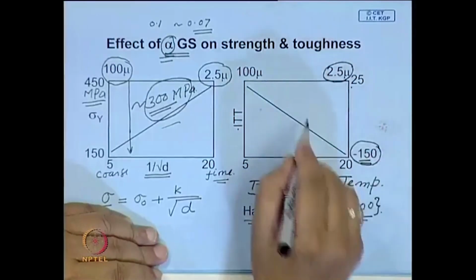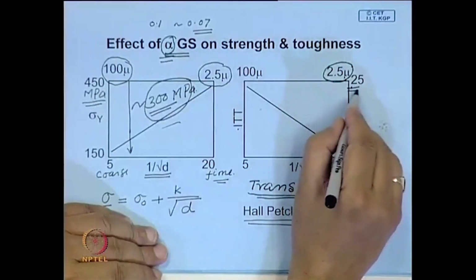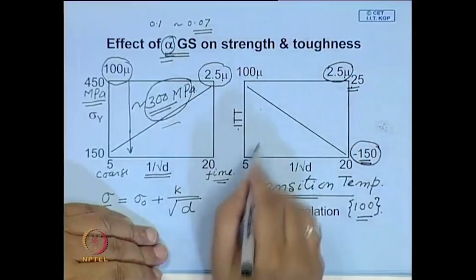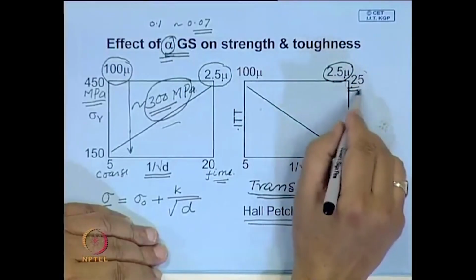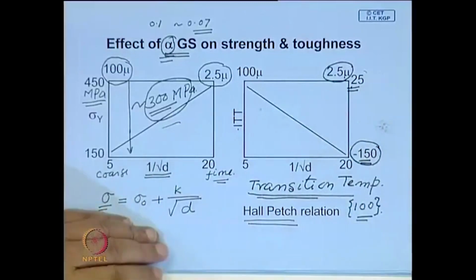Whereas, normally if you have a coarse grain structure, the transition temperature may be close to room temperature, and this is quite important, particularly because these days one of the major fabrication techniques for plate and sheet is welding, and when you weld, the problem comes up and you try to see that after welding you do not deteriorate the fracture toughness.